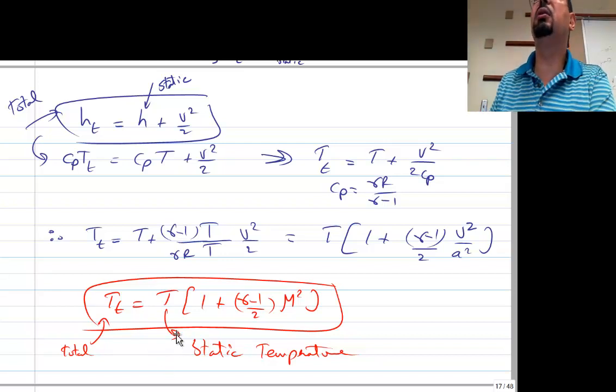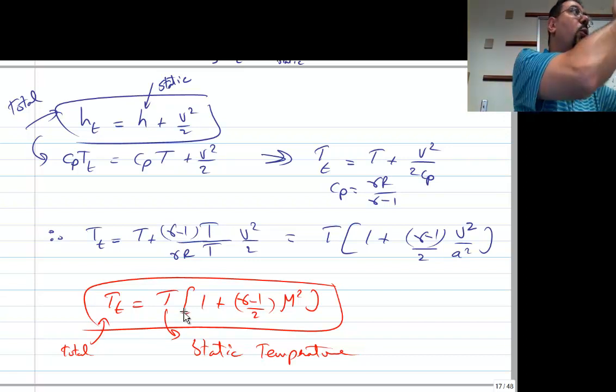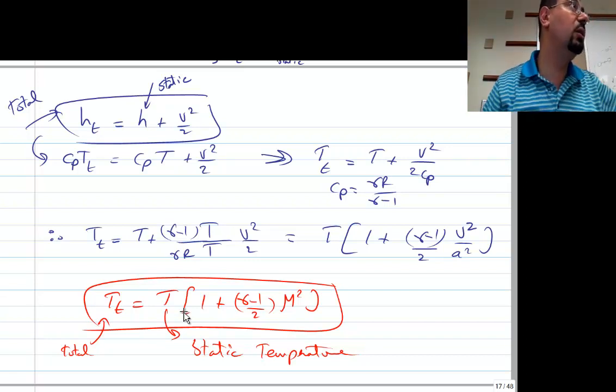So you can see what Sean said was right: when you have kinetic energy, some moving air, that will make T total higher than T static. Because all this kinetic energy, if you stop it, will shoot up the temperature, right?